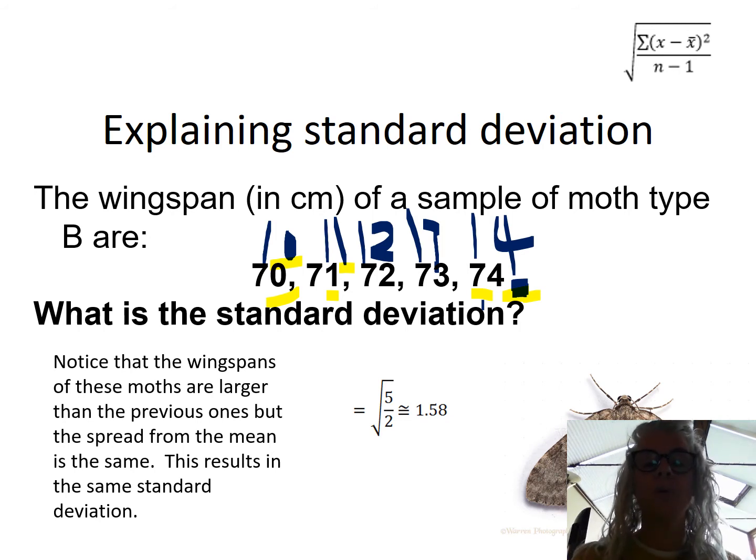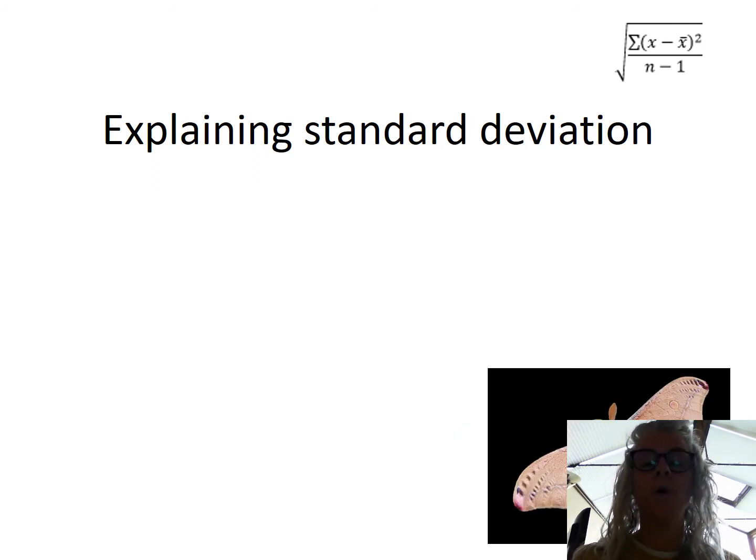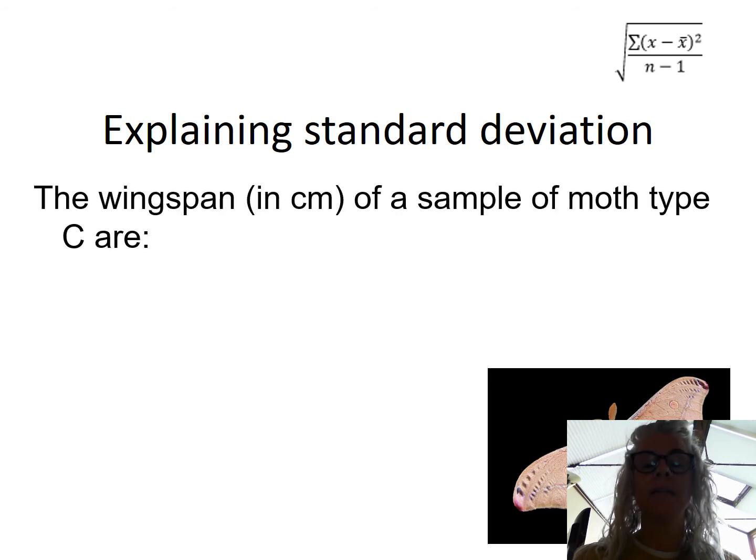Okay, so let's have a look at the next one, see if you can guess what the standard deviation is going to be before I show you the answer. So the standard deviation for this one, 10 to 14, 70 to 74, is 1.58. So what is going to be the standard deviation for this one?